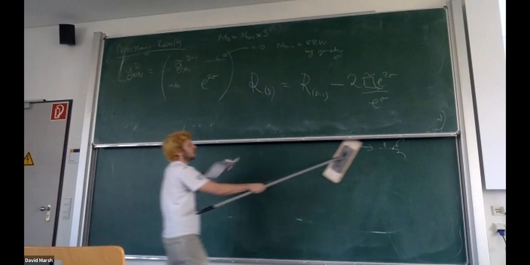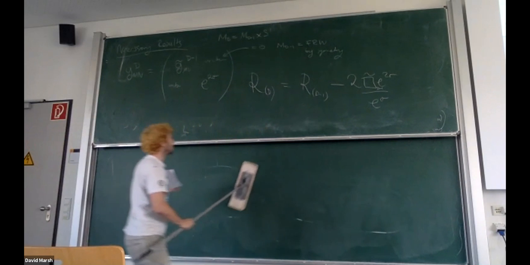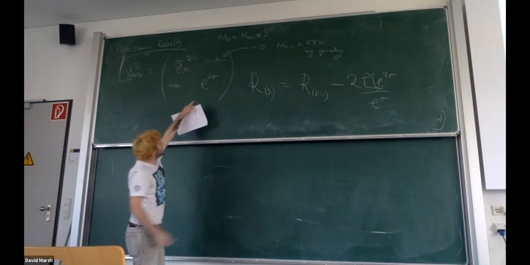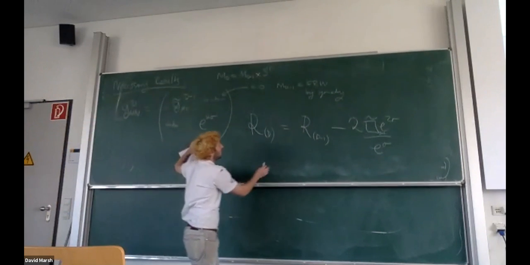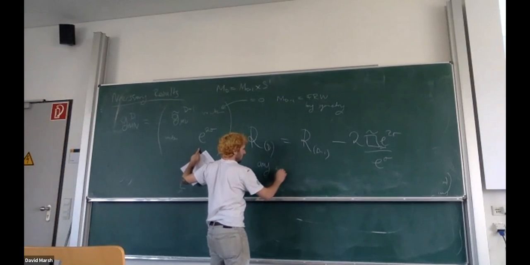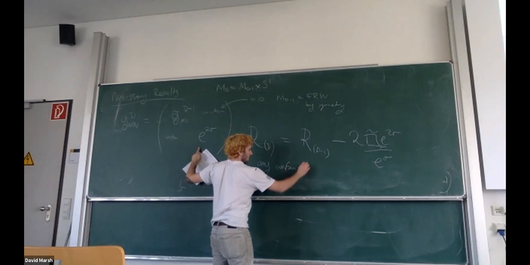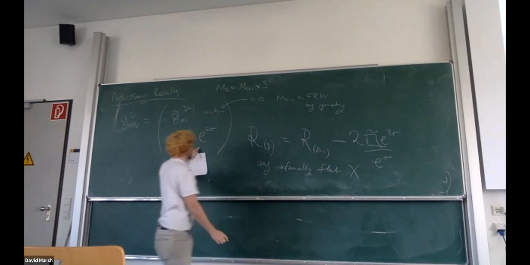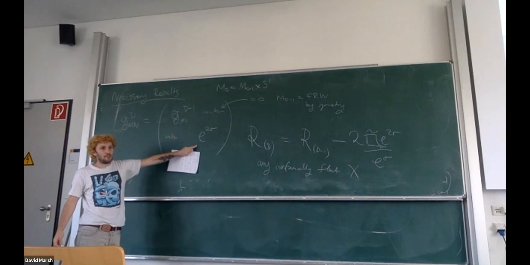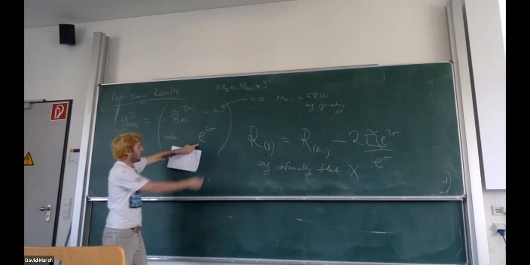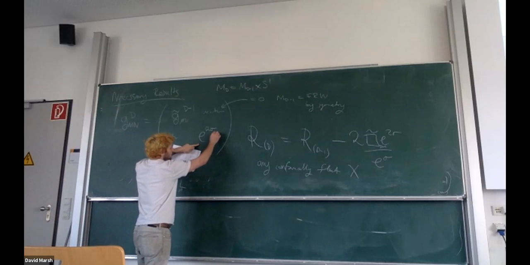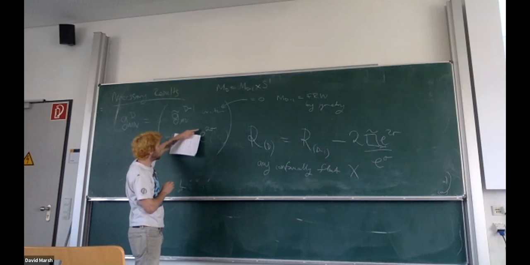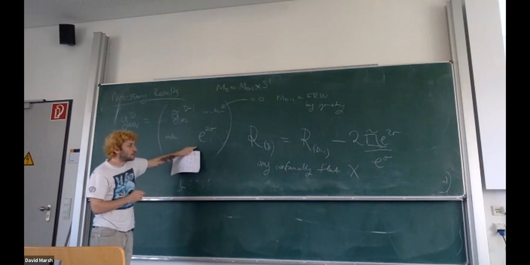This applies for any conformally flat manifold, any conformally flat X that I can compactify on, and that means that I can write this manifold as just the Euclidean unit metric in some coordinates times some overall scale factor.